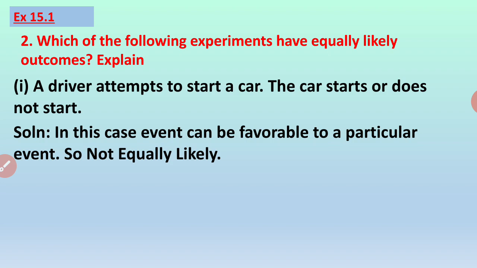The reason is, it depends on the condition of the car whether it starts or not. If the condition of the car is perfect, for every attempt it is going to start. And if the car is not in a good condition, it won't start. So we are considering this to be not an equally likely event.